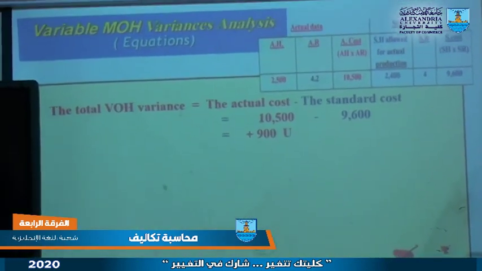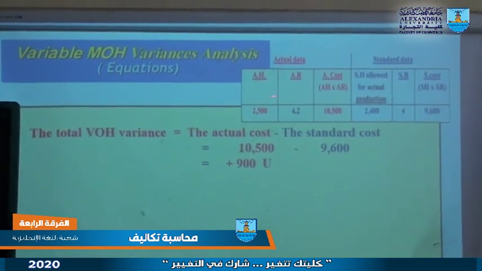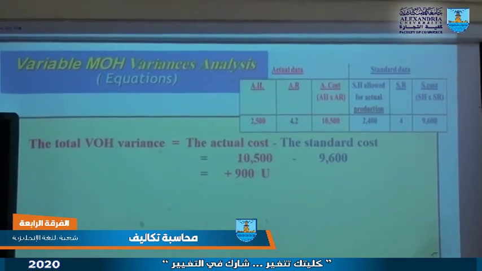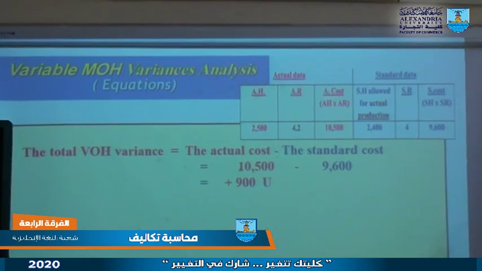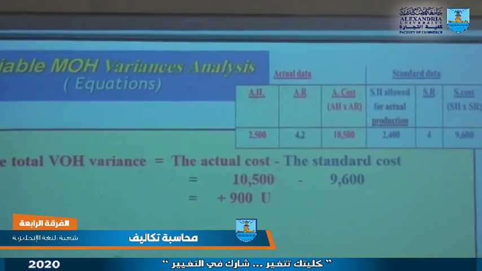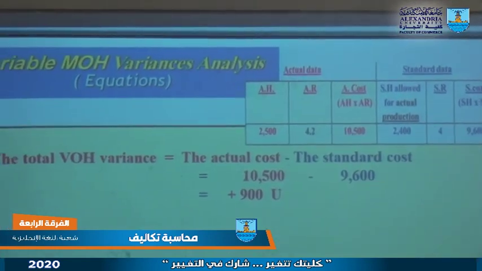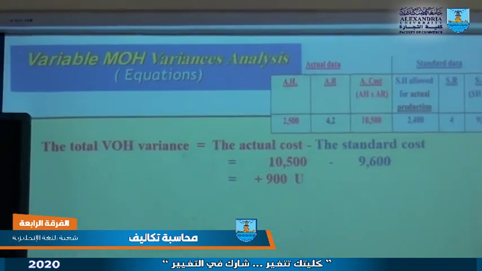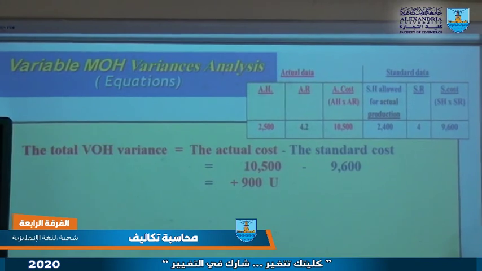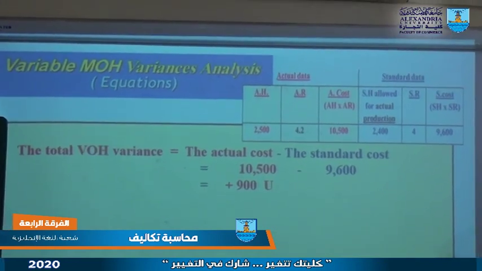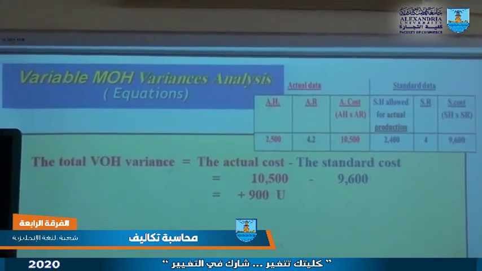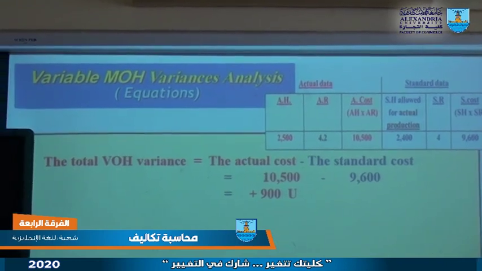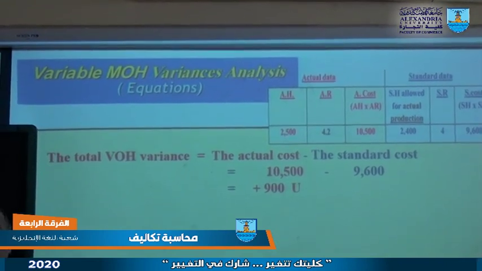This is my first step to solve any problem, to calculate any variances, regardless of direct material, direct labor, variable or fixed overhead. Here, with the 4 equations, I have to calculate the total variance firstly.